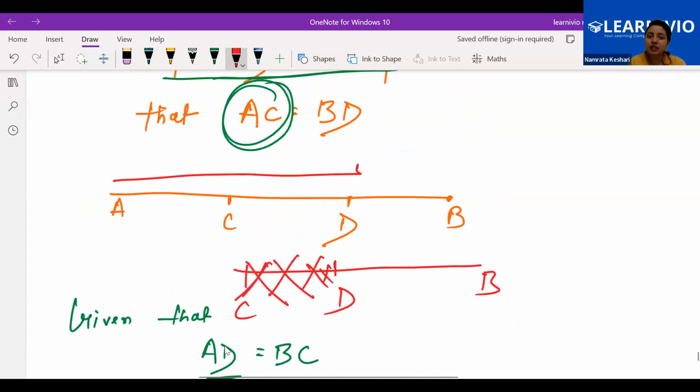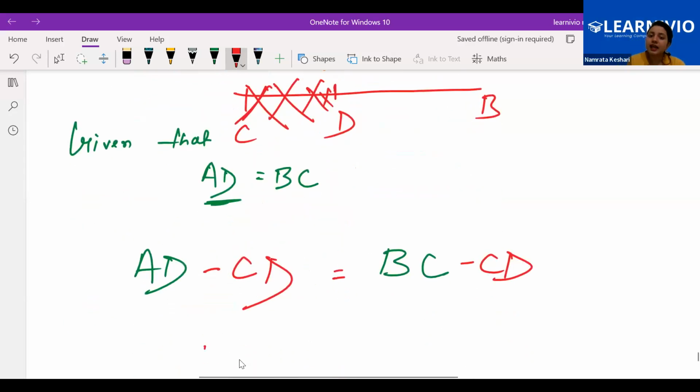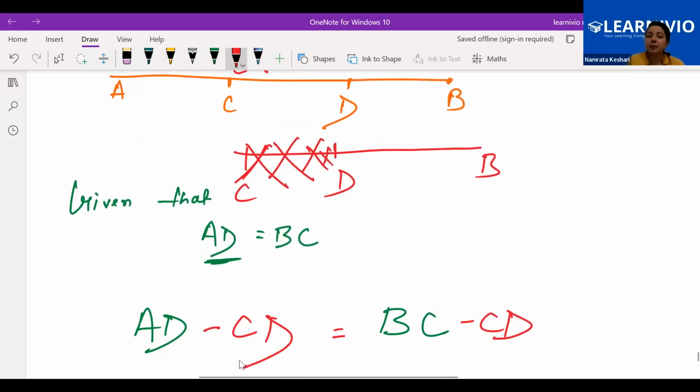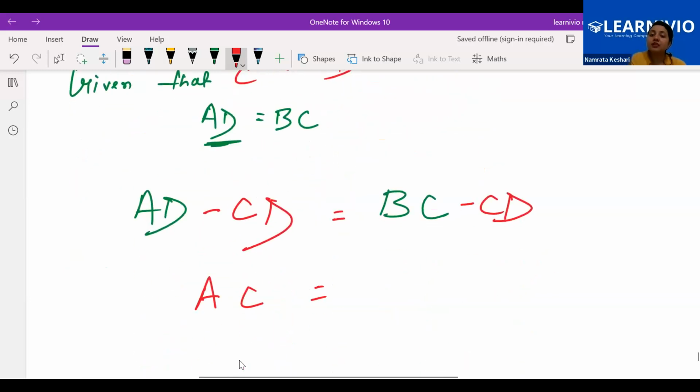From this much AD, if you cut CD, you will be left with just AC. Okay? AD minus CD is AC and BC minus CD. See the figure, BC minus CD is BD. And we are done with the proof.